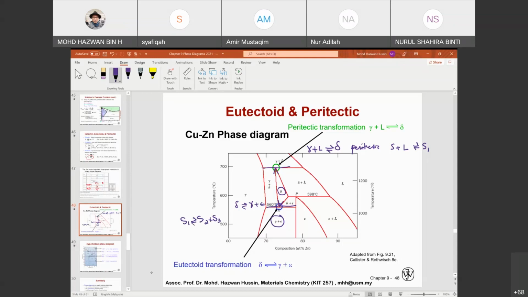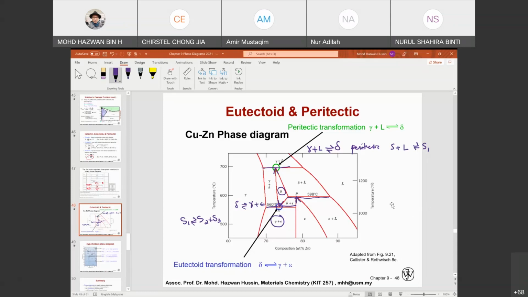So other than that, we also notice that there's one horizontal line over here. Kita nampak dia punya phase boundary dekat bawah. So top, dekat atas dia apa? How about Crystal Chong? Crystal, are you there? Yes, doctor. Crystal, what will be the reactant in this case, for the other horizontal line that you identified just now?